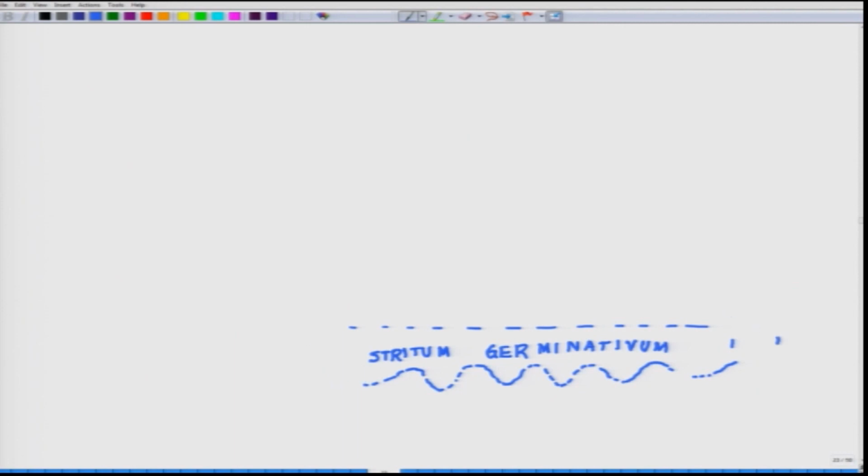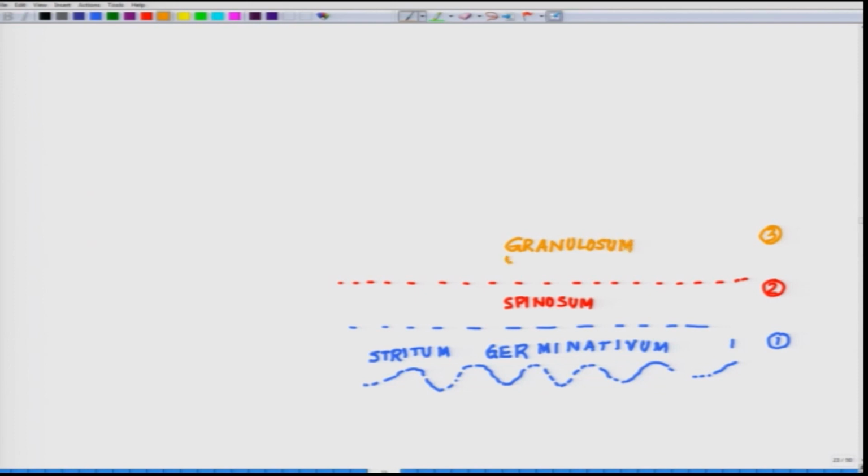Let us use another color to indicate layer 2, that is stratum spinosum. Whenever we talk about spinosum, it means it has a spinous structure. Next, the third layer, which is called stratum granulosum.